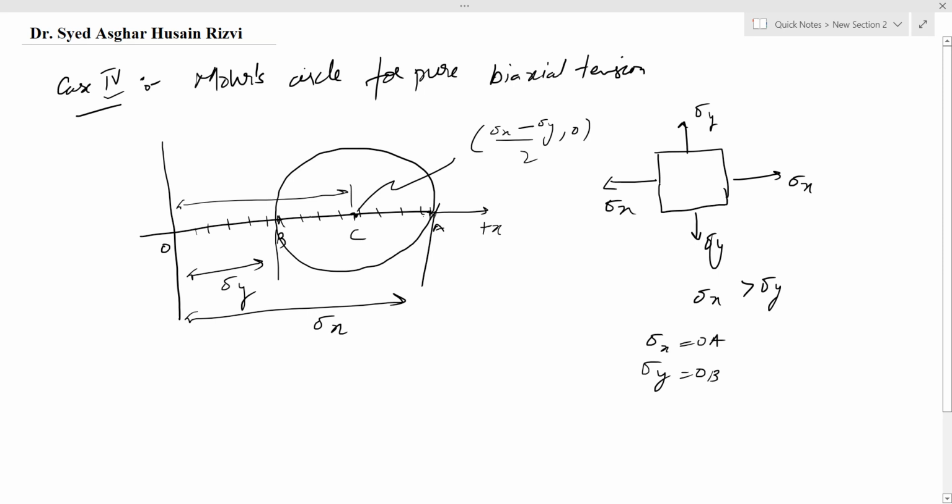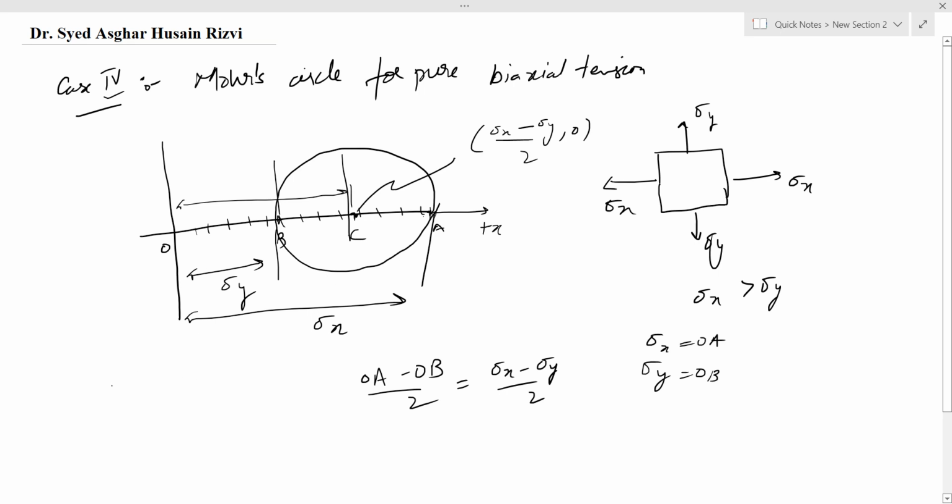How is it sigma x minus sigma y upon 2? Since this is the radius and we can find the radius from here, we will mark it as OA minus OB upon 2. So OA is sigma x minus sigma y upon 2. These will be the coordinates of the center of this Mohr circle.